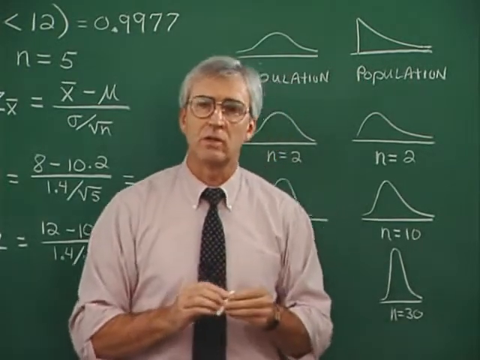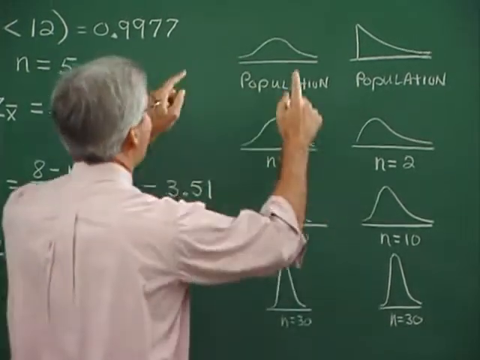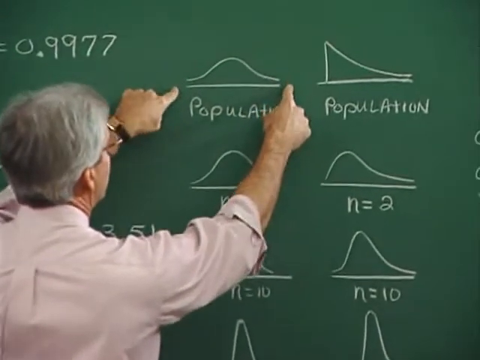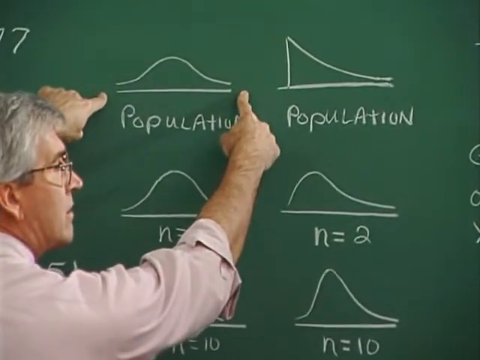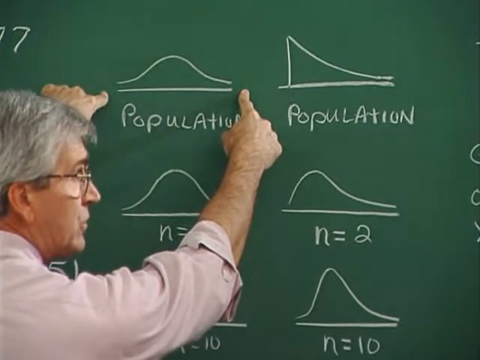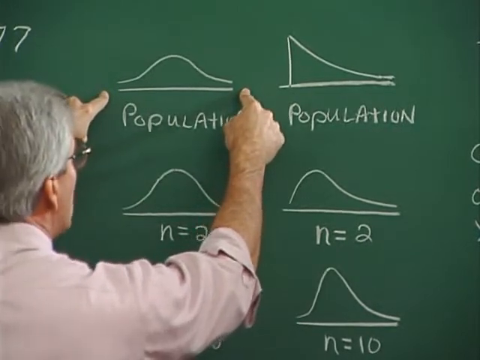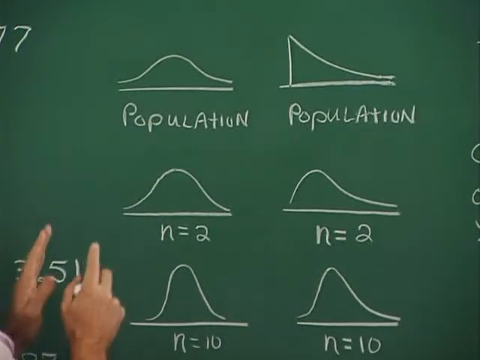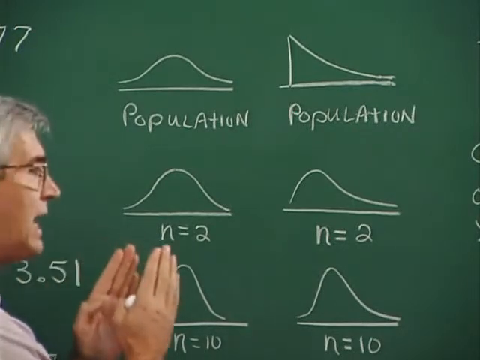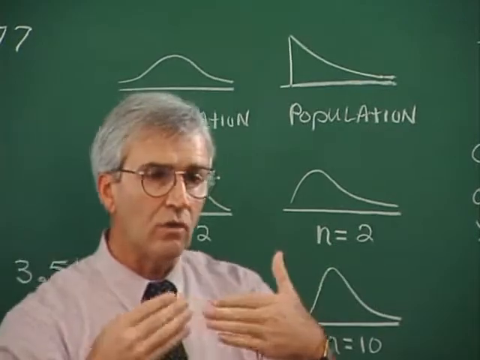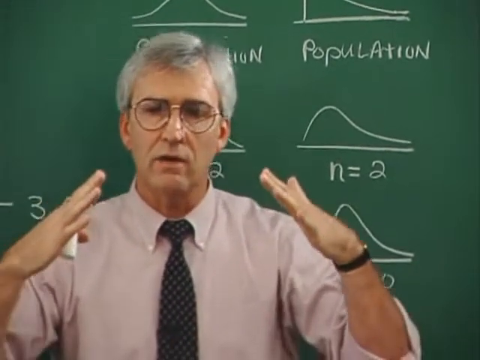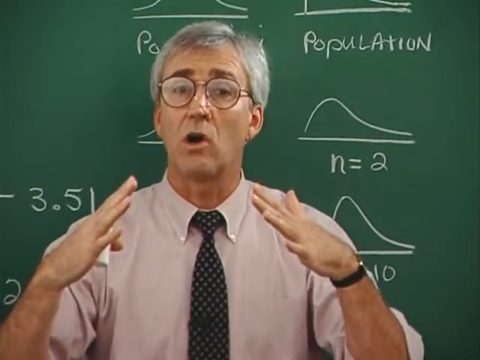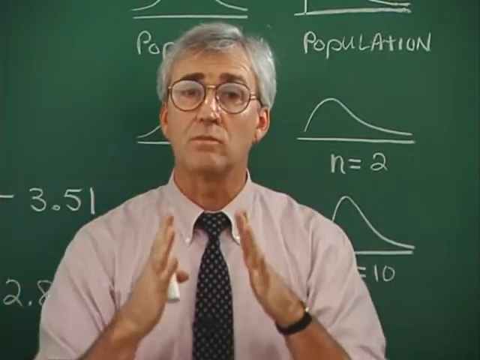We assumed earlier that if we have a population distribution that is normal, then the distribution of sample means will be normal as well. We also know that if the sample size increases, the standard deviation of those x bar distributions becomes smaller.